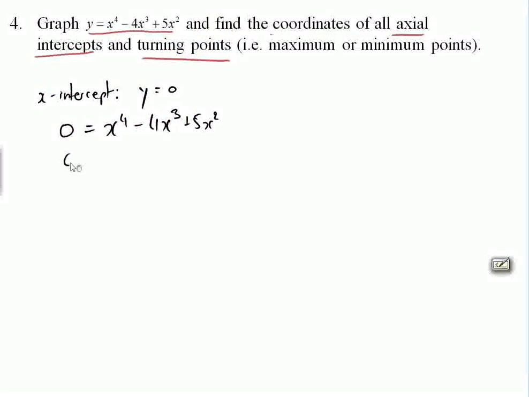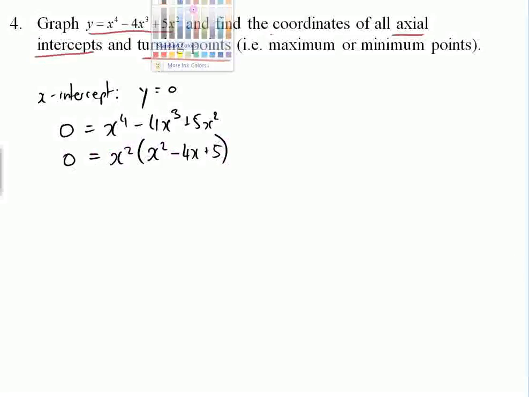We can simplify this to be 0 is equal to x squared, and then on the inside we have x squared minus 4x plus 5. Now, the x squared here gives us the solution x equals 0. So we know x equals 0 is a possible solution.